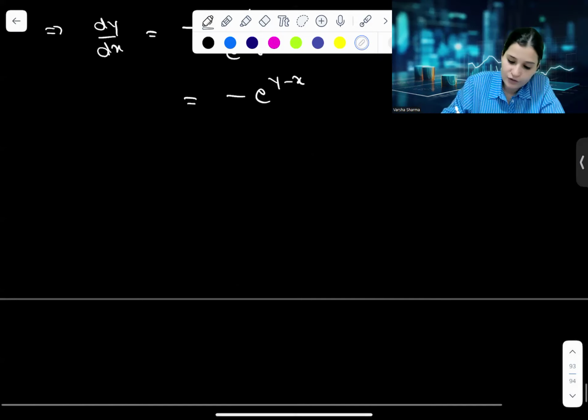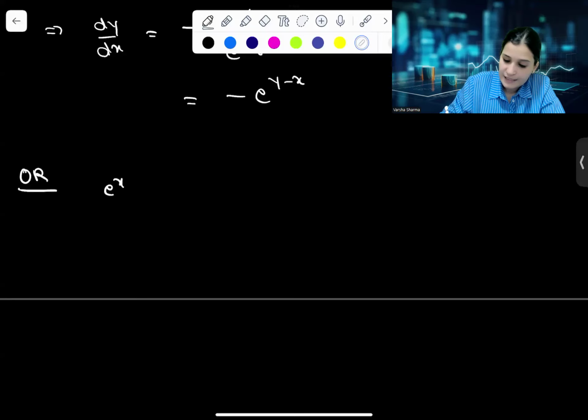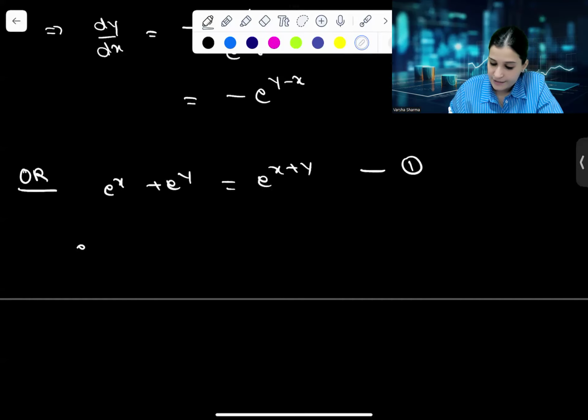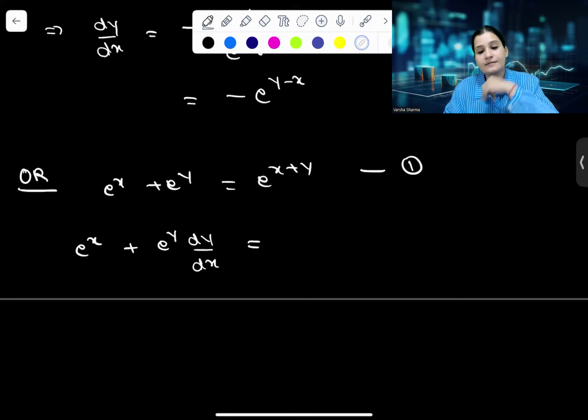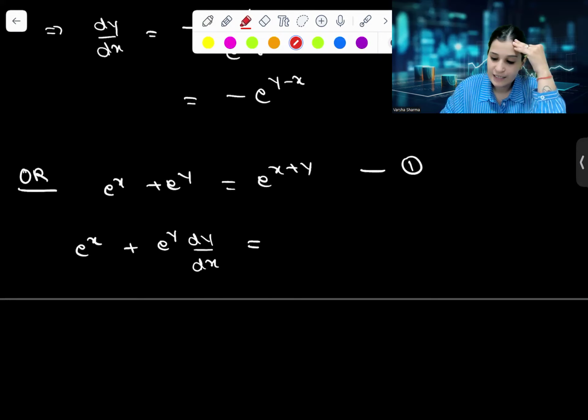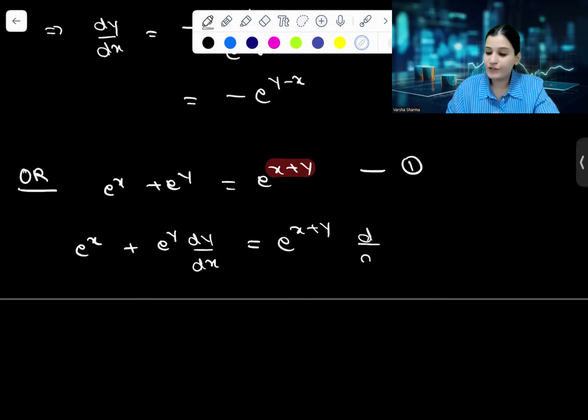Now, if you would not have thought of this, so e^x plus e^y equals e power x plus y. Let's differentiate. e^x is e^x, e^y is e power y dy by dx. Can you tell me the differentiation of the right side? We will treat this as e^x. So e^x into differentiation of x plus y.